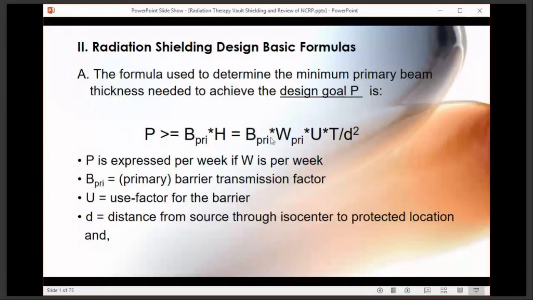It's the barrier transmission factor times the weekly workload of the primary beam, times the use factor for the beam pointing at that particular barrier, the occupancy factor for individuals on the other side of the barrier, and the inverse square of distance from the source through the isocenter to the protected location. The barrier transmission factor is labeled with a PRI because there are different barrier transmission factors we're going to be talking about in a minute.